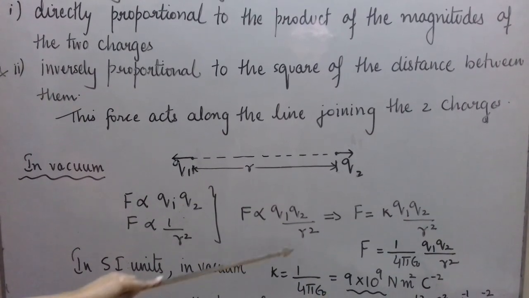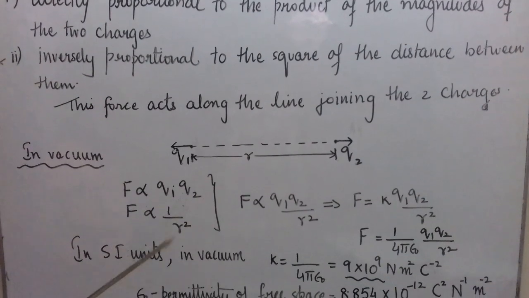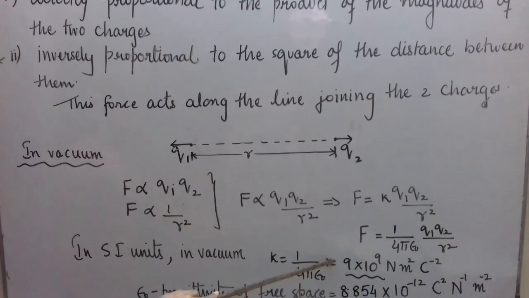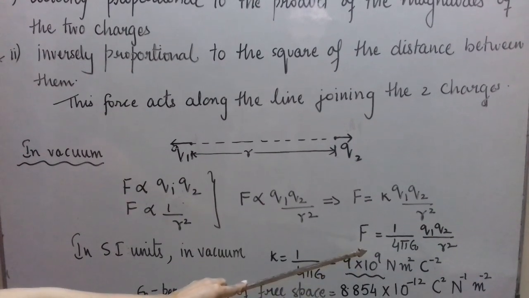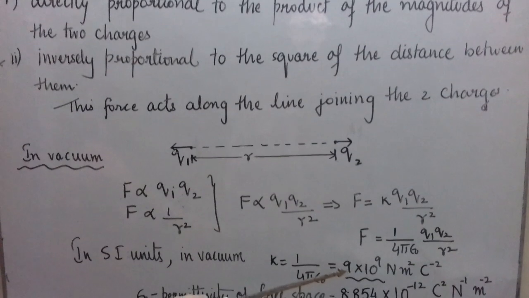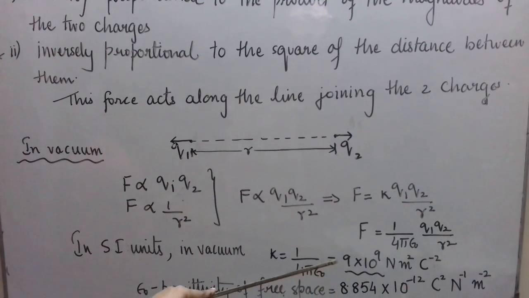This formula is valid for vacuum. It can be in SI or CGS units, no problem. But the value in SI units is K equal to 9 into 10 raised to 9 Newton meter square per Coulomb square. No need to learn this by heart, but if you do, it's always good.